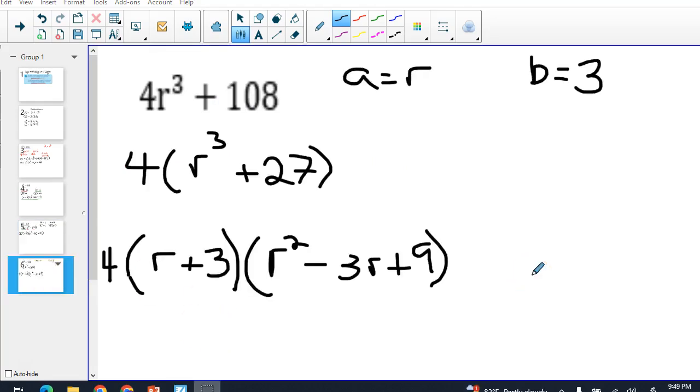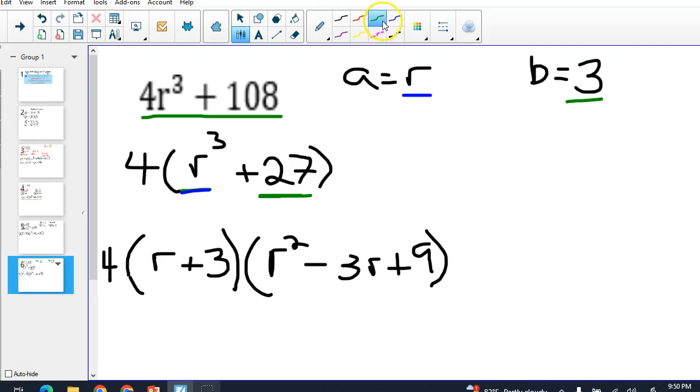Okay. And hopefully you got a chance to go over it. Pretty much, we're going to factor out that 4, which leaves us with r cubed and 27. Our a value is going to be that r, and our b value is going to be 3.